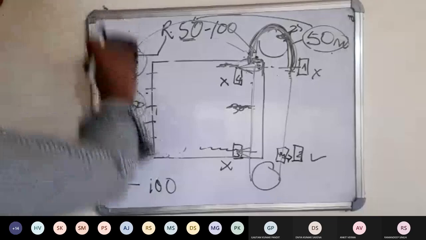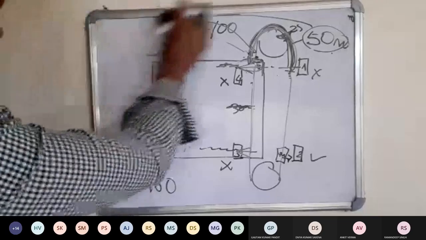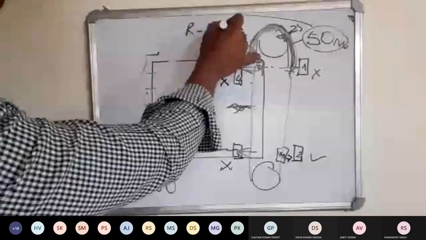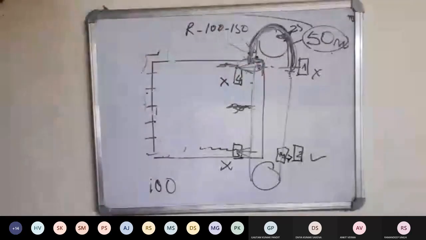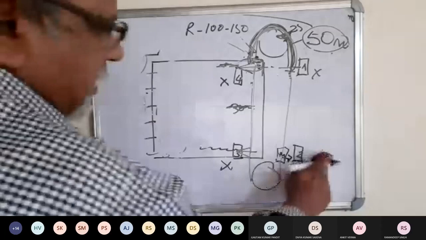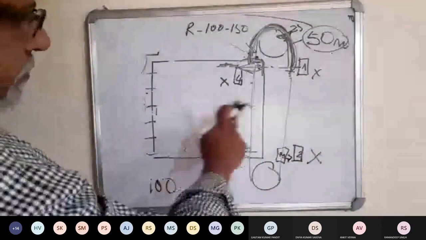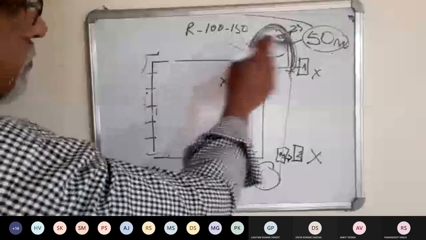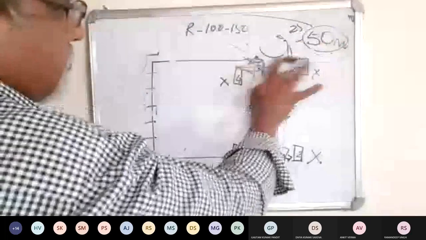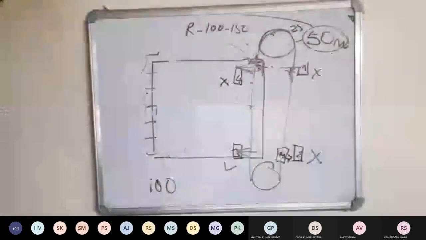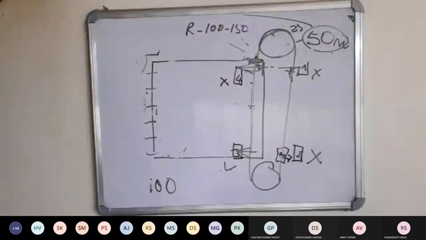Similarly, when the range scale is changed again, let us say 100 to 150, then what happens? This is out of action and this one comes into action. Sensor 3 is in action, all others are not.